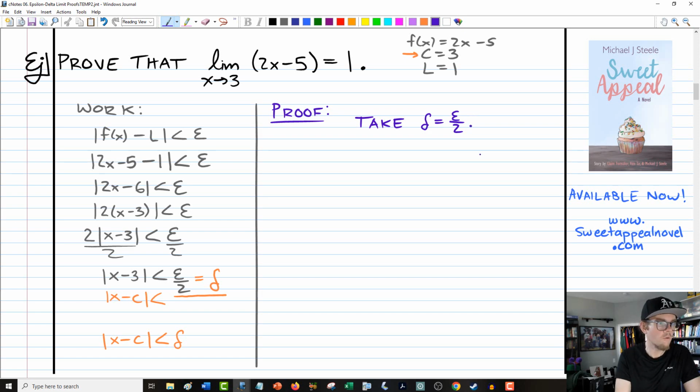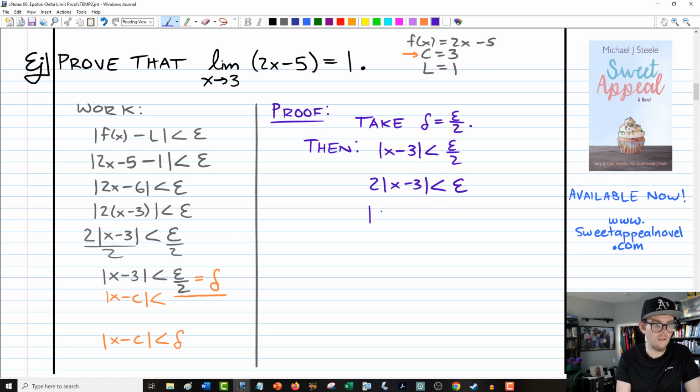From there, then, what comes next? Then, the absolute value of x minus 3 is going to be less than epsilon over 2. We can multiply 2 over. We'll get 2 times the absolute value of x minus 3 is less than epsilon. From there, we can distribute the 2 in because of the fact that 2 is positive. So this is 2 times x minus 3's absolute value is less than epsilon.